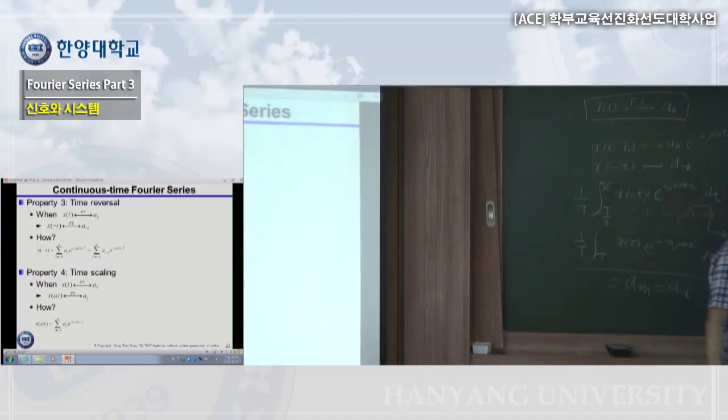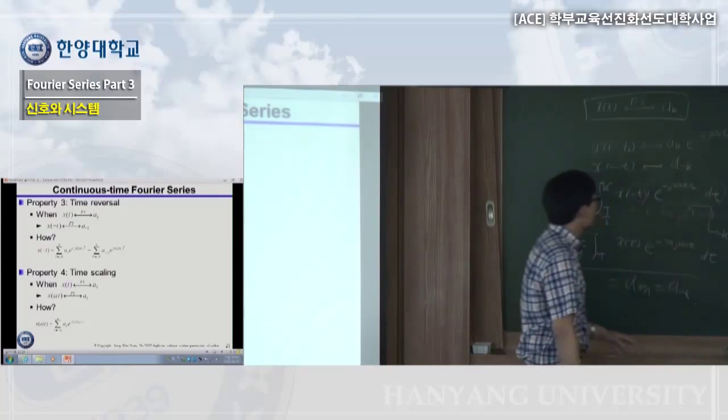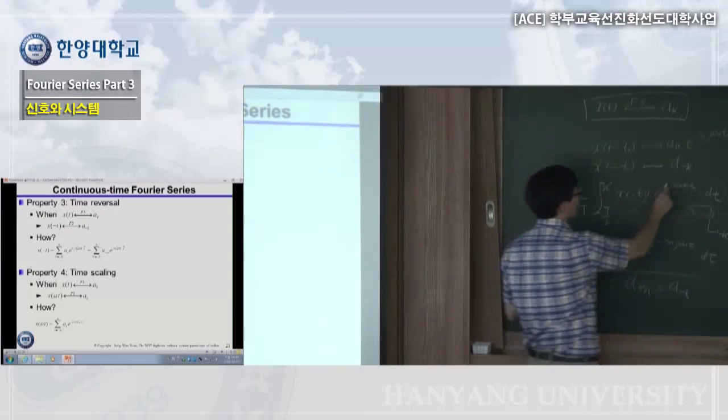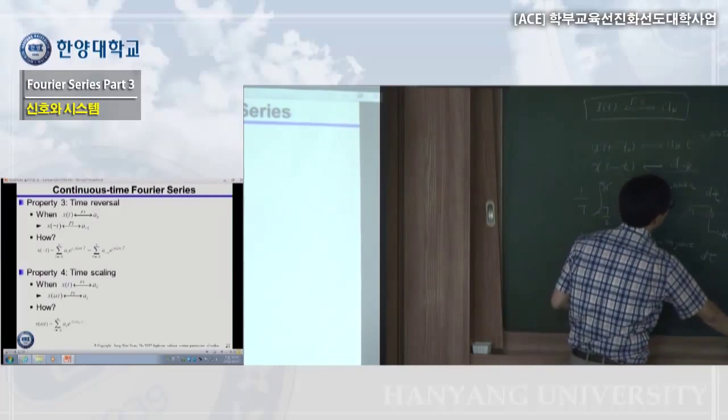Right? We observe this minus k, define a new variable m, and use this. Of course, in here the sum goes from minus infinity to infinity. This minus infinity goes to infinity because they're minus, and this plus infinity goes to minus infinity, and they are the same variable, except that this is actually minus k. So in either case, we can figure out that the output of time reversal looks like this, a minus k.